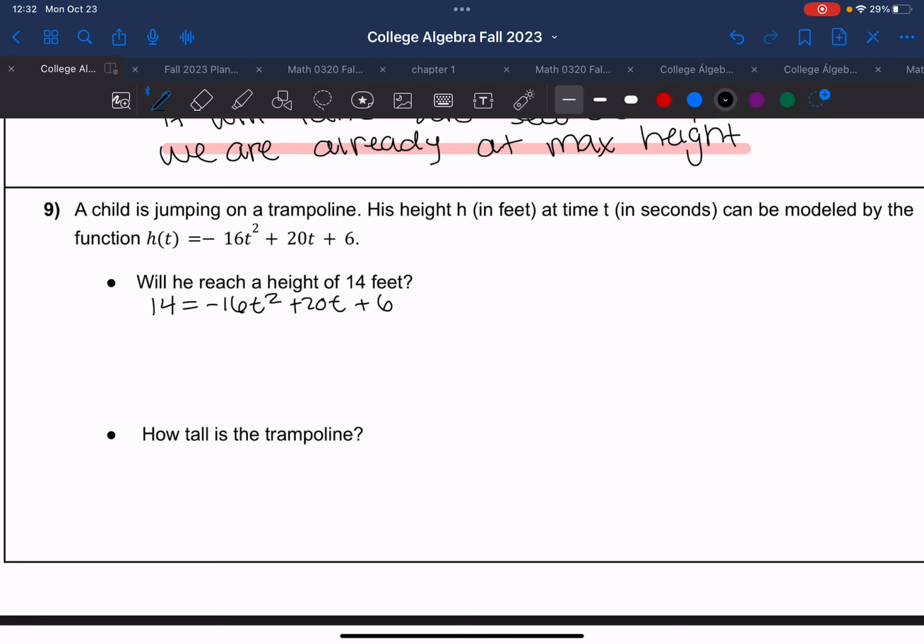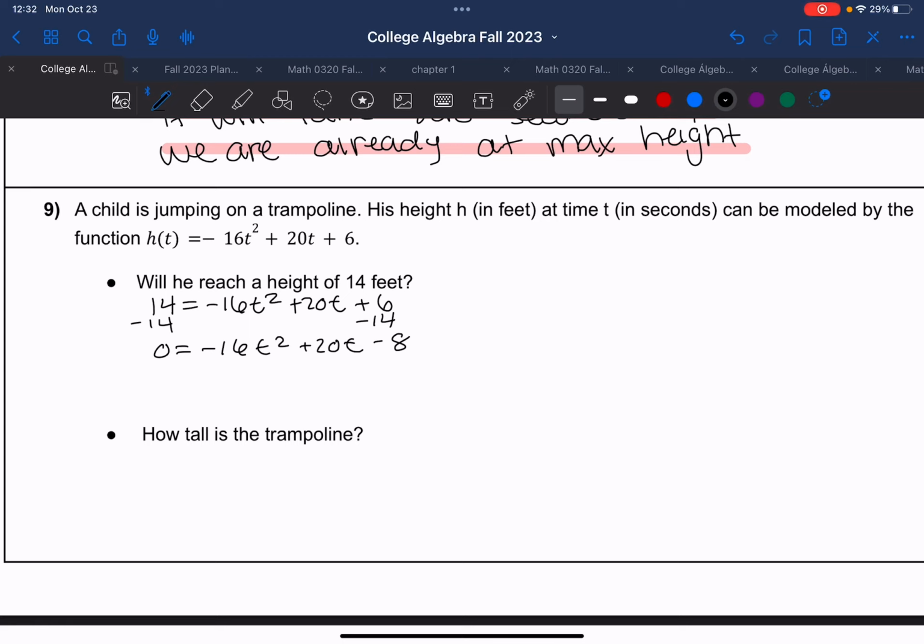So we're going to do this using the quadratic formula to see if that's even possible. In order to do this, I have to have my equation equal to 0. So I'm going to subtract 14 from both sides, and I get 0 is equal to negative 16t squared plus 20t minus 8. Minus 8.